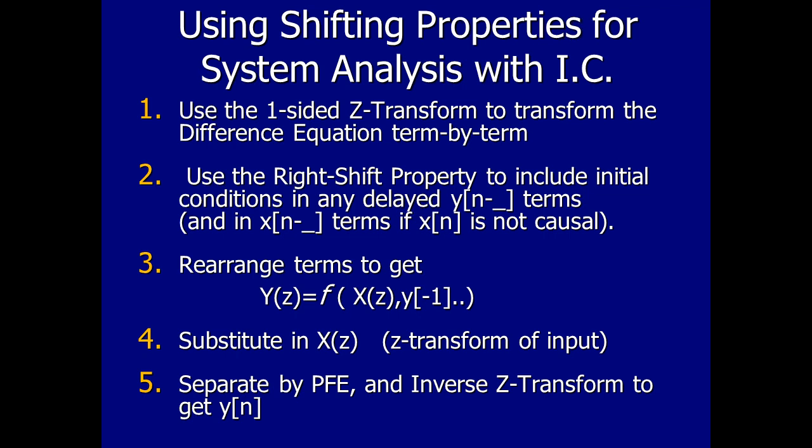It has the forced and the natural response, and it has the zero state and the zero input response. The zero state response came from this part. The zero input response came from that part, the initial conditions.